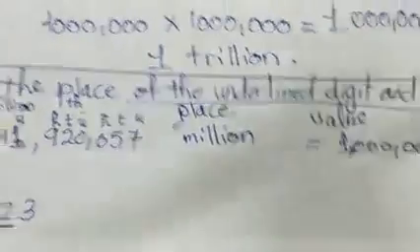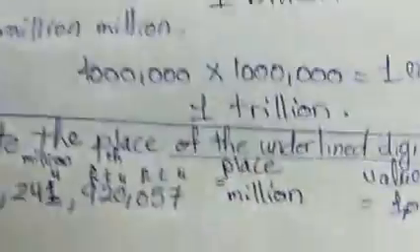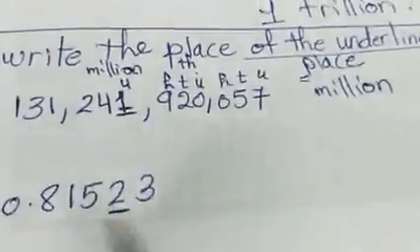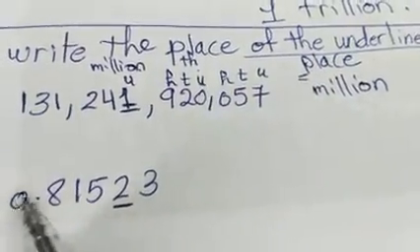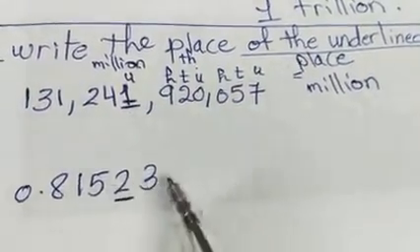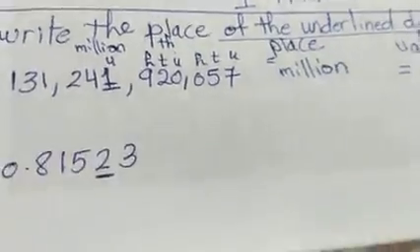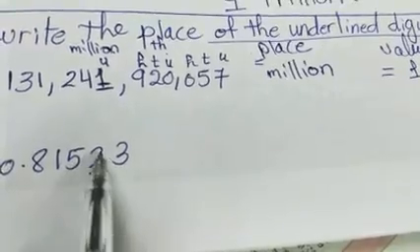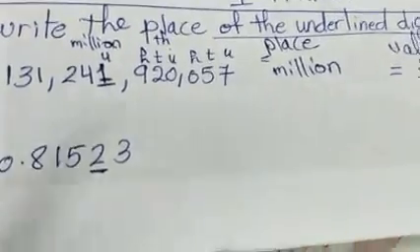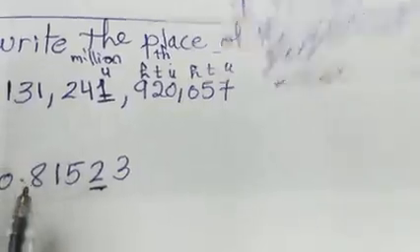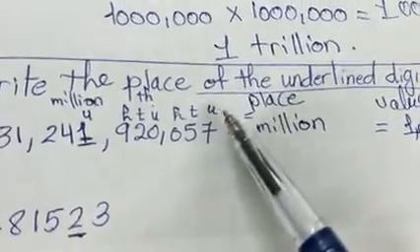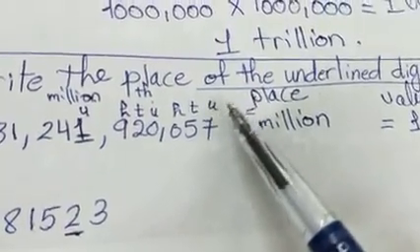Now I have here 0.81523, a decimal number, and the underlined digit is 2. As we said before, for whole numbers I name the places from the right side.